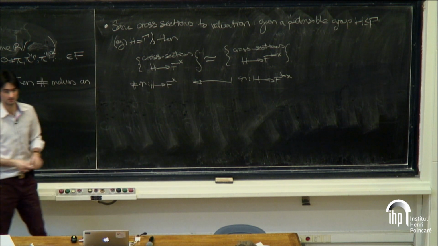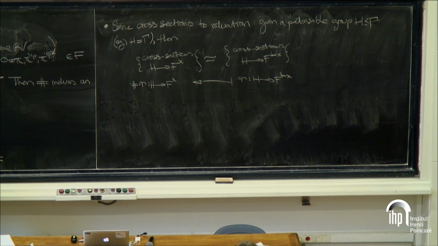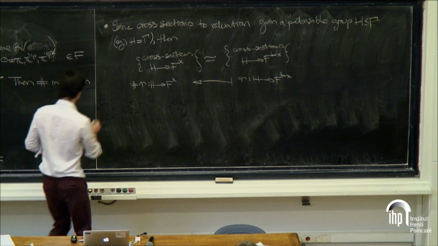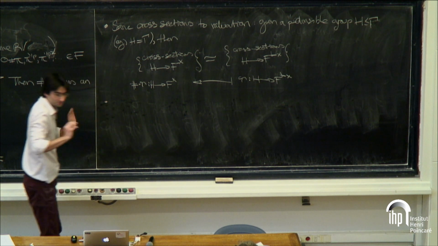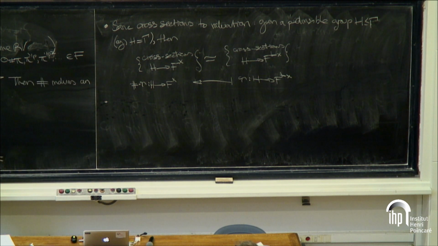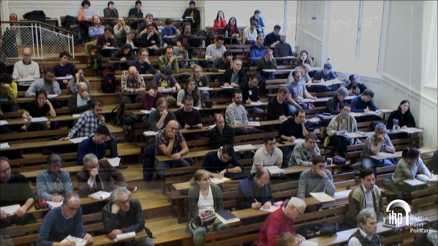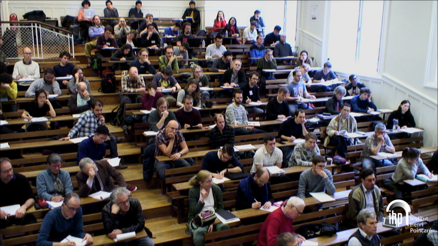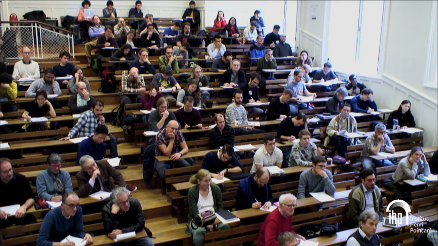And one can check that this indeed defines a bijection between the cross sections on each side, which I found kind of curious. So in particular, if you have some language of valued fields which includes cross section, then when you tilt, you still have a canonically defined cross section on the tilted side.